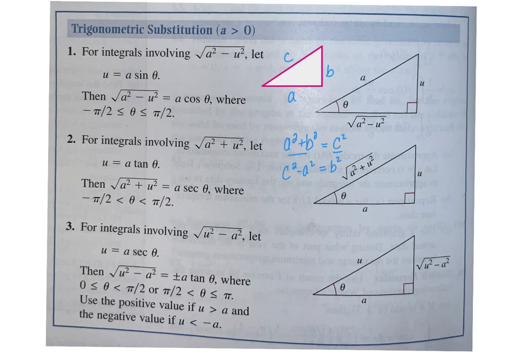So anytime there is a subtraction under the radical, we are talking about one of the legs, and when we have an addition, we're talking about the hypotenuse. Also, when you have a subtraction, the first term listed, squared, represents the hypotenuse, and the second term represents the leg.